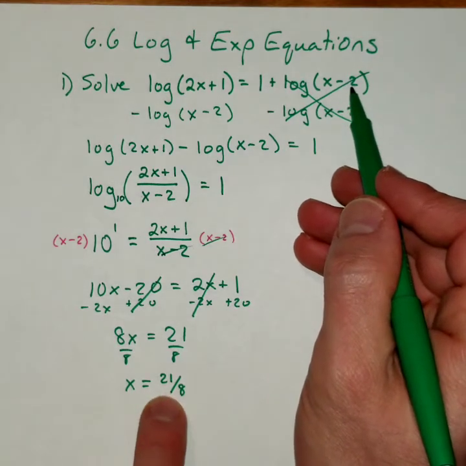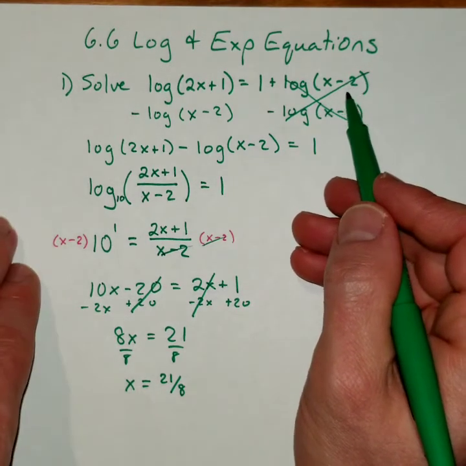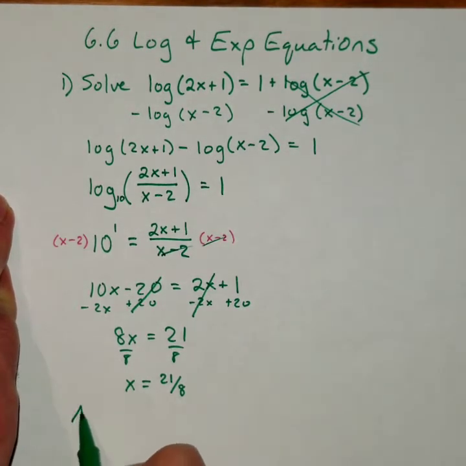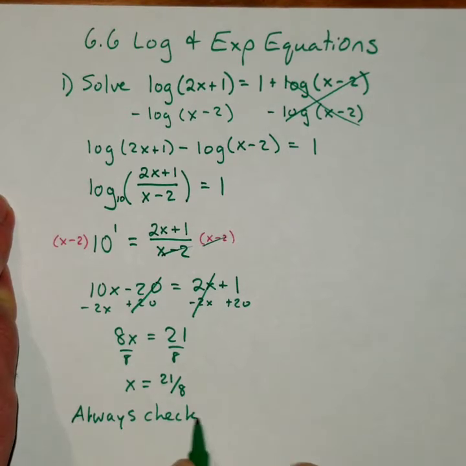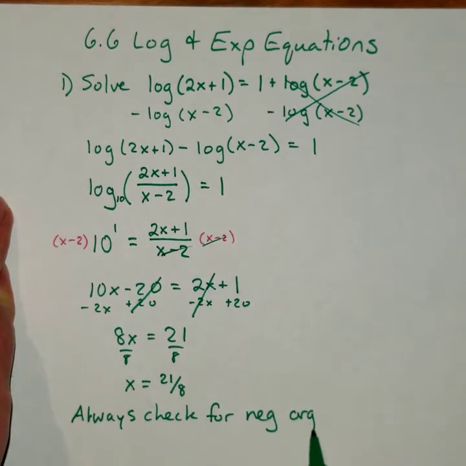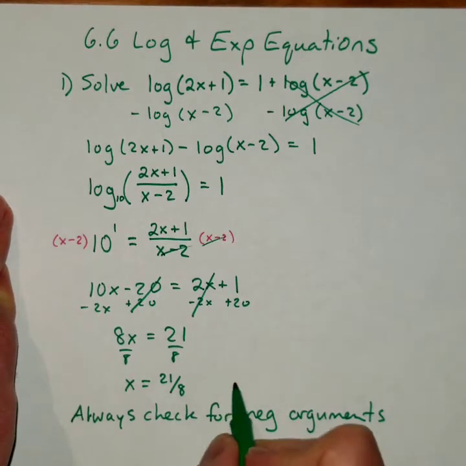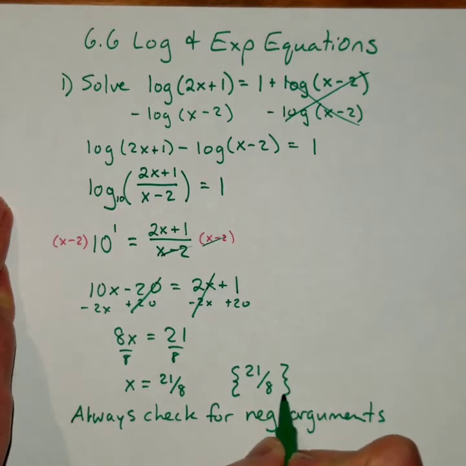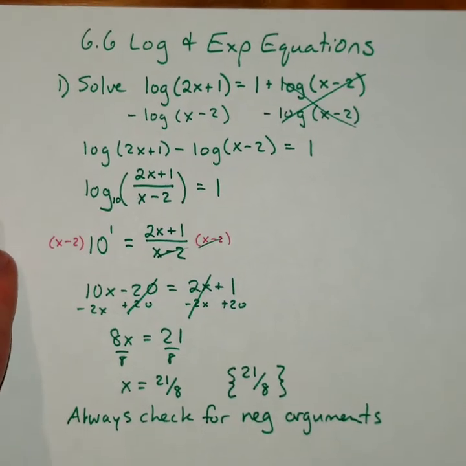When you subtract the 2, it's going to be still positive. So this one's okay. But you always want to check for negative arguments. Okay, always check that. This one works out, and so 21/8 is our answer.